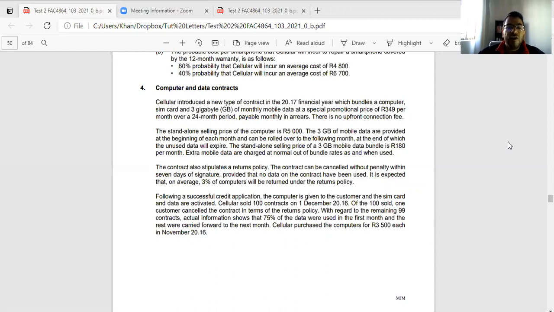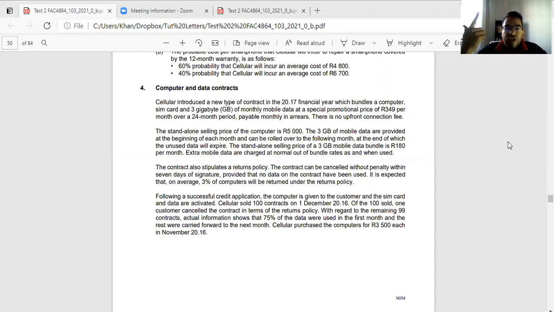They say the standalone selling price of the computer is 5,000 Rand. The 3 gigabyte of the mobile data are provided at the beginning of each month and can be rolled over to the following month. Okay, so now it's important. You provide data on 1 January 2017.